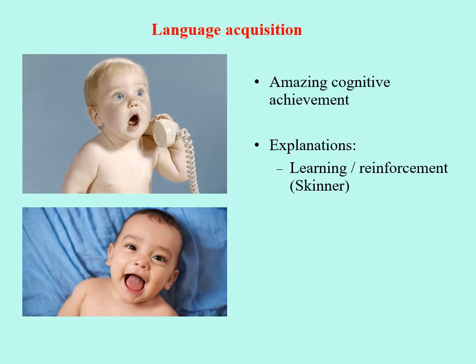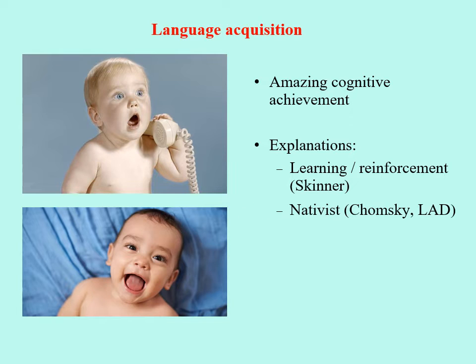The problem with this explanation is that even very young children show an amazing amount of creativity in combining language and coming out with new sentences which have never been reinforced in the past. So that suggests that reinforcement learning is unlikely to be a complete explanation of language acquisition.